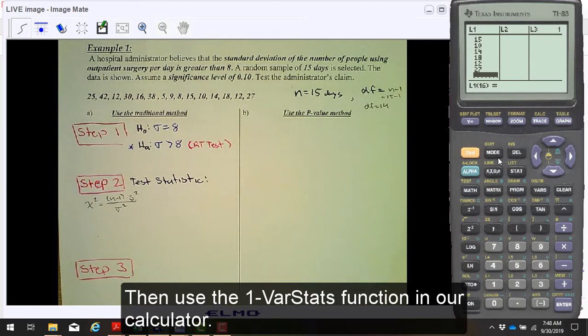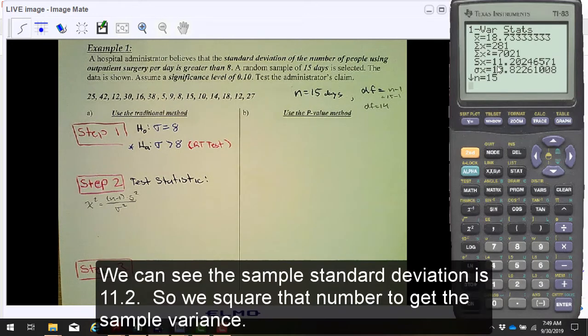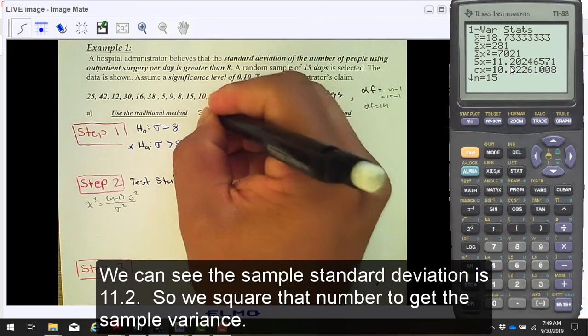Then use the 1-Var Stats function in our calculator. We can see the sample standard deviation is 11.2, so we square that number to get the sample variance.